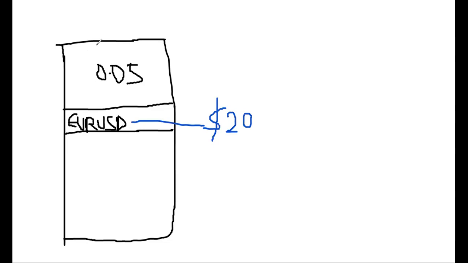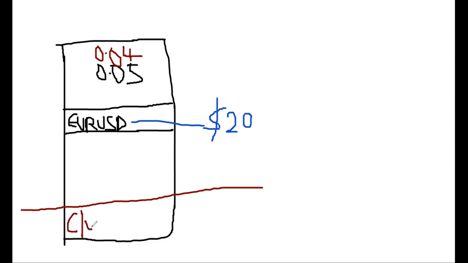Let's say you change this lot size to 0.04. Then automatically, instead of $20, you now see something like close with $16.